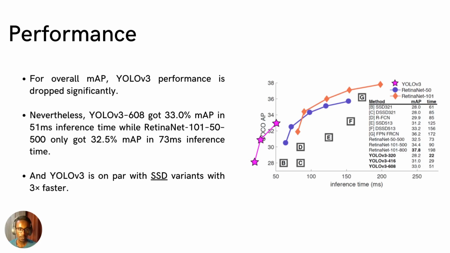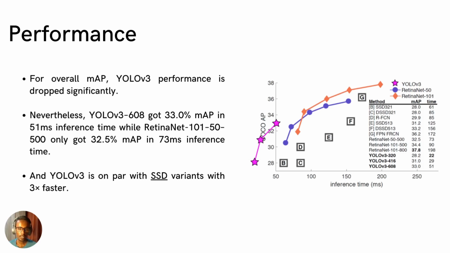When we use YOLOv3 608, an input image of size 608, we got a mean average precision of 33% in 51 milliseconds inference time, while a similar model, the RetinaNet 101-50-500, only got 32.5 mean average precision in 73 milliseconds inference time.